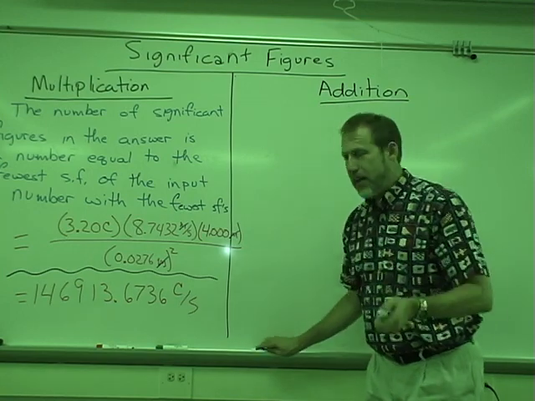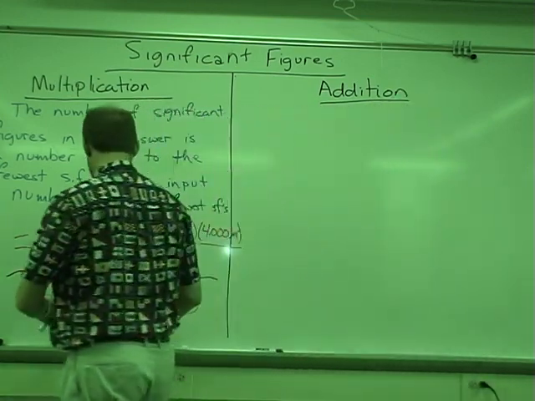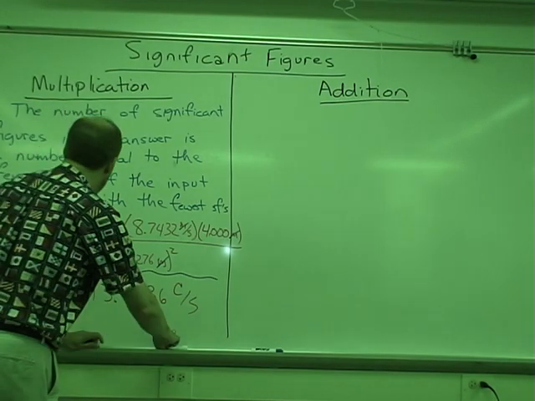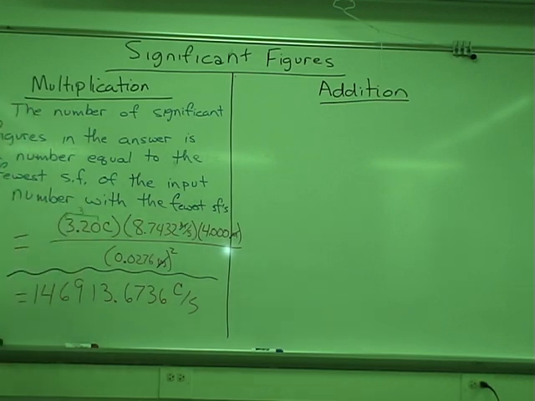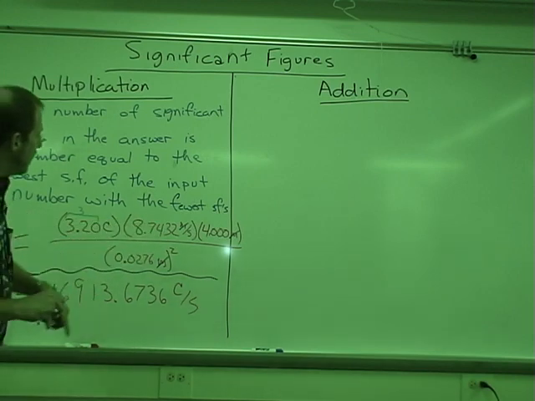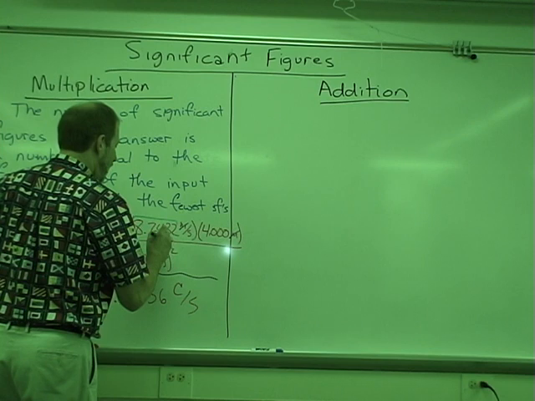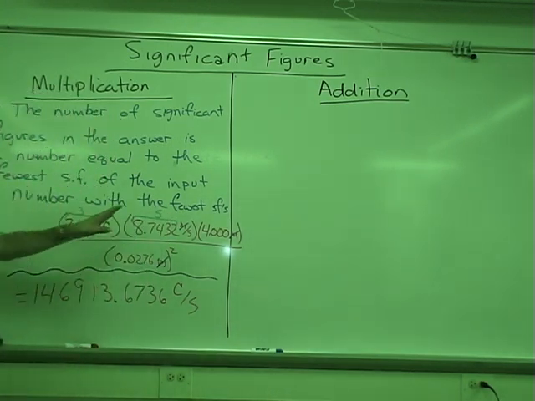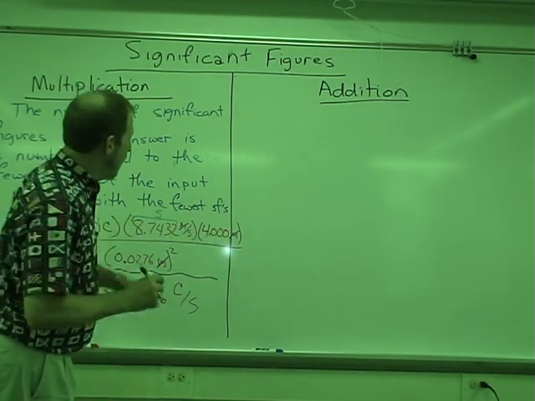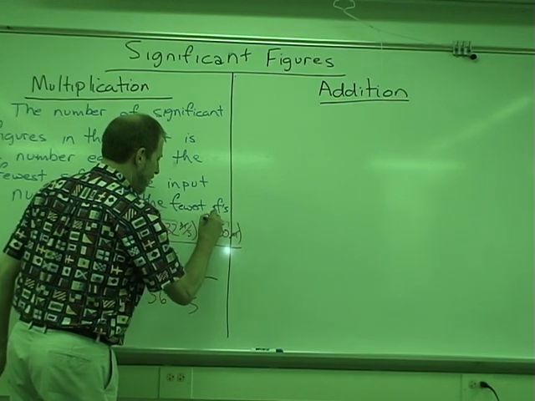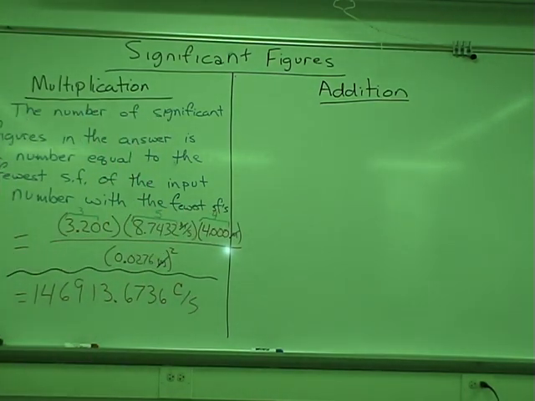Now, what's the level of accuracy that I have? 3.20 has 3 significant figures. This 0 is significant because it's to the right of a number that's significant and to the right of the decimal point. 8.7432, no zeros at all here, that's got 5 significant figures. 4.000 meters has 4 significant figures.